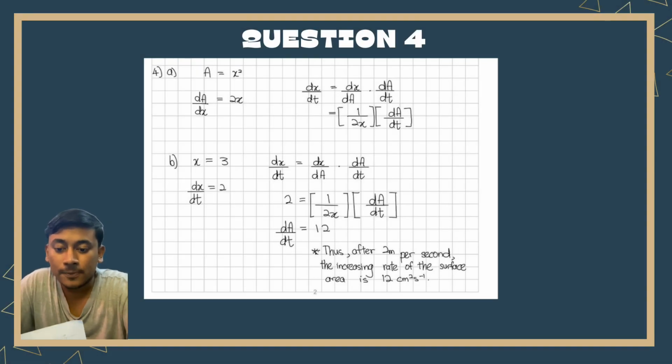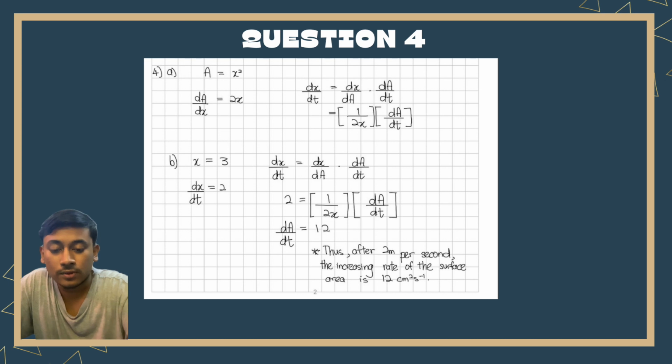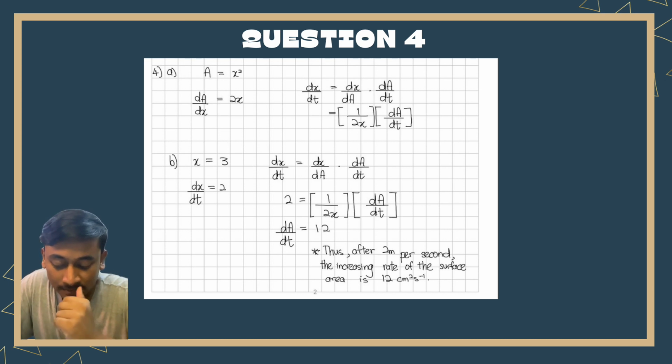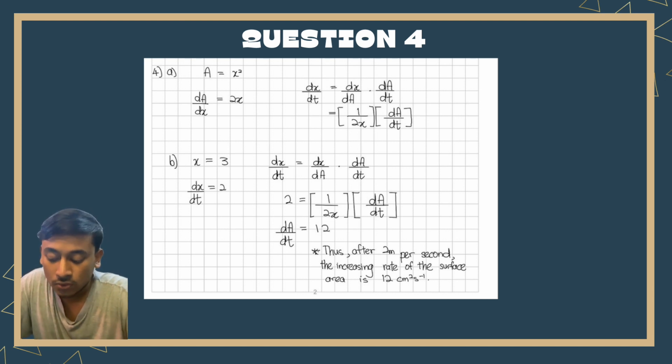For question 4a, how are dA over dt and dx over dt related? We know that the area of a square is x squared. So we differentiate, and dA over dx is 2x. We use the equation dx over dt equals dx over dA times dA over dt.